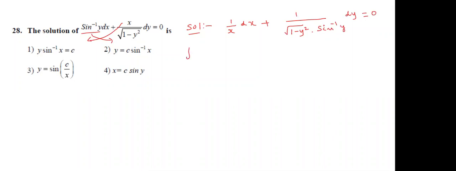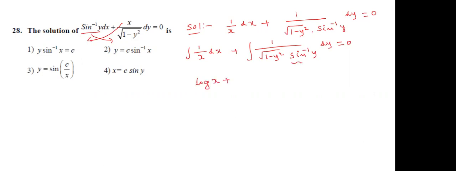Apply the integration on both sides. Integration 1 by x dx plus integration 1 by root 1 minus y square into sine inverse of y dy, that is equal to 0. Integration 1 by x dx is log x plus, here take sine inverse of y as t, derivative of sine inverse of y is 1 by under root 1 minus y square.